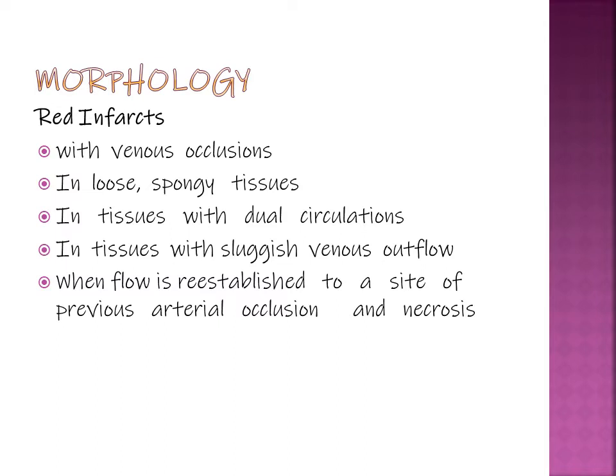Similarly, another important feature of the red infarct is that it develops in those tissues where the venous outflow is very sluggish, and this sluggish venous outflow causes congestion of the organ or tissue.